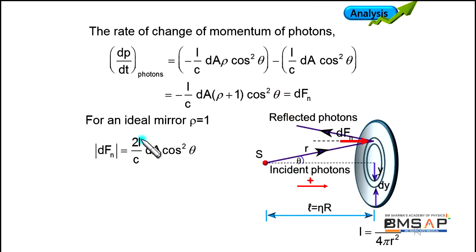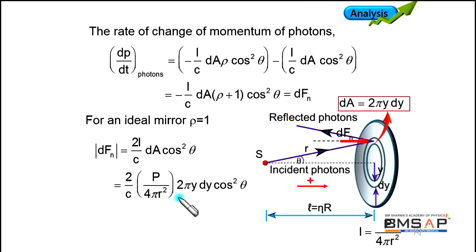Now we can substitute the value of I. I is the intensity, that should be equal to P divided by 4 pi r square, and dA, the area of this ring, should be equal to 2 pi y multiplied by dy. So let us substitute these values, okay.